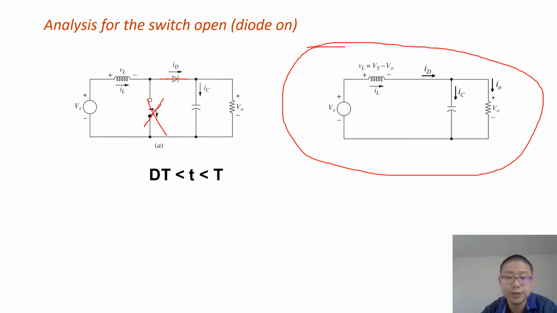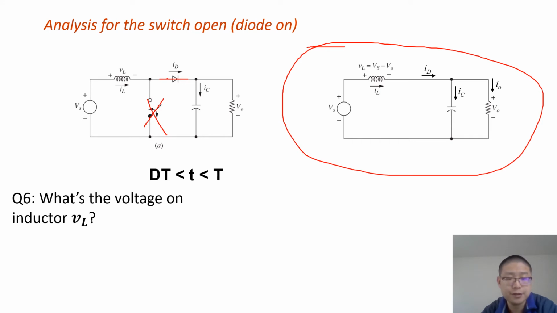Let's take a look. Question 6 is, what's the voltage on the inductor? Give you 5 seconds to write down your answer. So it's obvious that the voltage on the inductor equals Vs minus Vo.